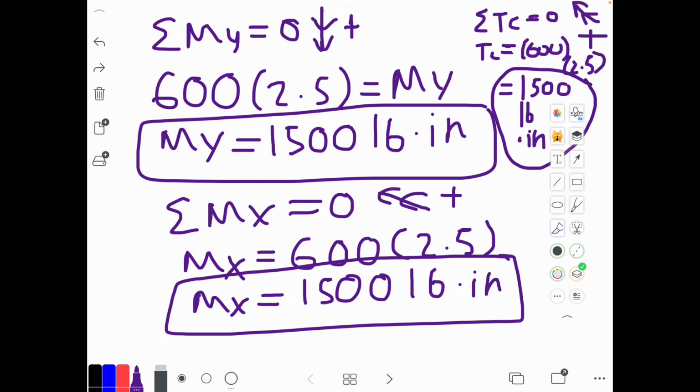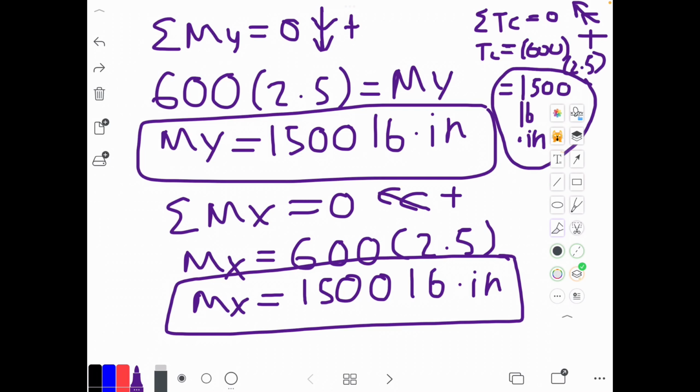We're also going to have a torque in the x direction, which is positive. This torque is a twist that happens in this bracket. This twist is the same thing as the x moment, because it's again the 600 pounds times the 2.5 inches that this is away from our cross-section C. So the torque, the moment at y and the moment at x are all the same, 1,500 pounds times inch.